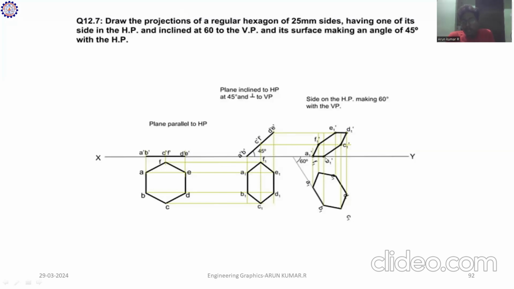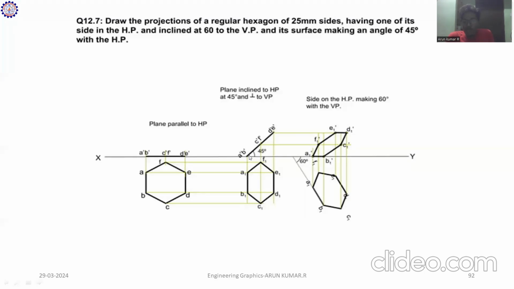First you draw the 60 degree line, draw A dash and B dash, and measure the distances of A, C1, D1, E1 and F1. After constructing this, draw vertical lines upward and horizontal lines from the earlier view. After constructing these lines, mark A1 dash, B1 dash, C1 dash, D1 dash, E1 dash, F1 dash.